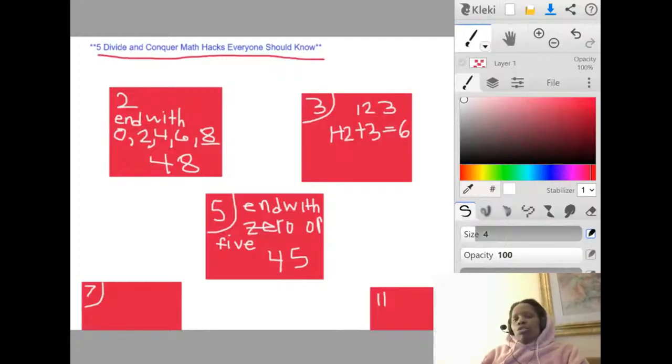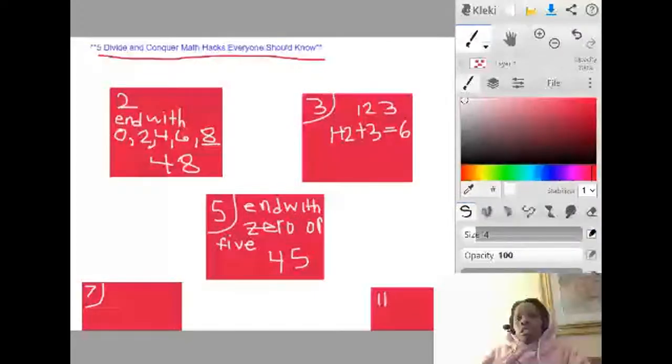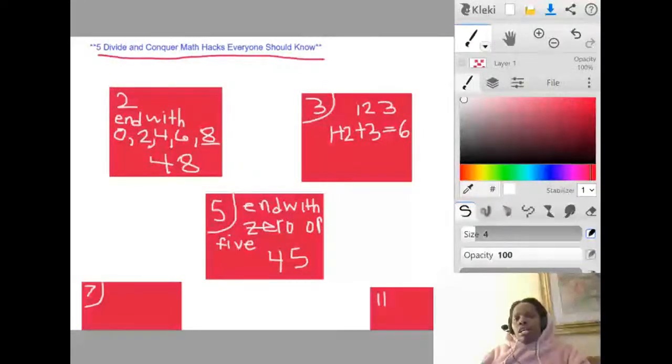They skip count by twos, threes, but this is very important. Take the last digit and double it. Then subtract it from the rest of the number. If the result is a multiple of 7, then the original number is also a multiple of 7.